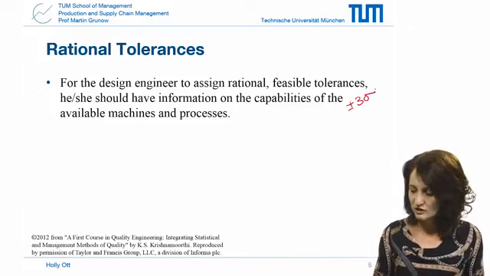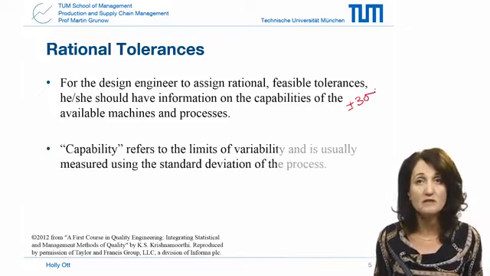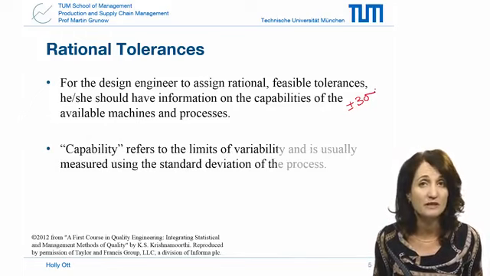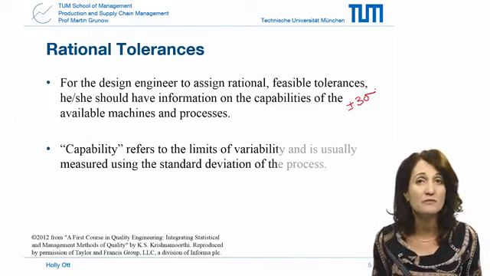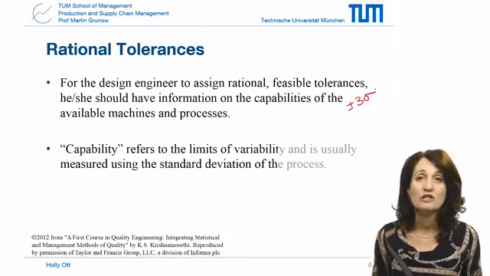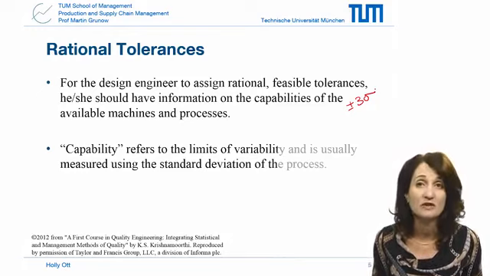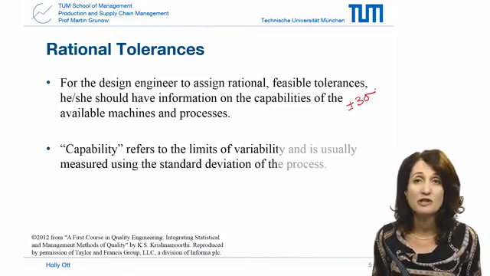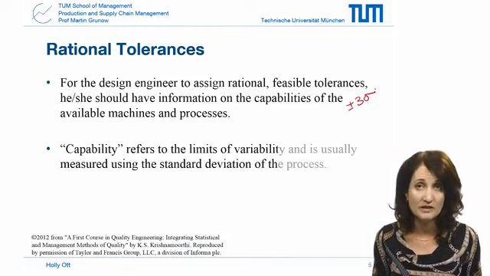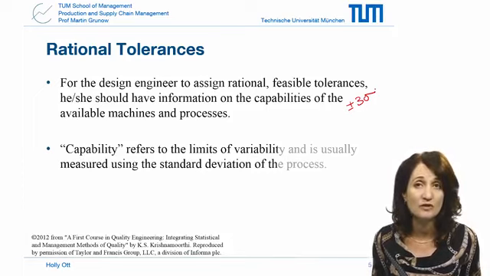So here we're talking about capability. It's referring to the limits of variability. It refers to the variability around a target which a machine or process is capable of producing a particular characteristic. This capability is measured using the standard deviation of the characteristic produced by the machine or process.